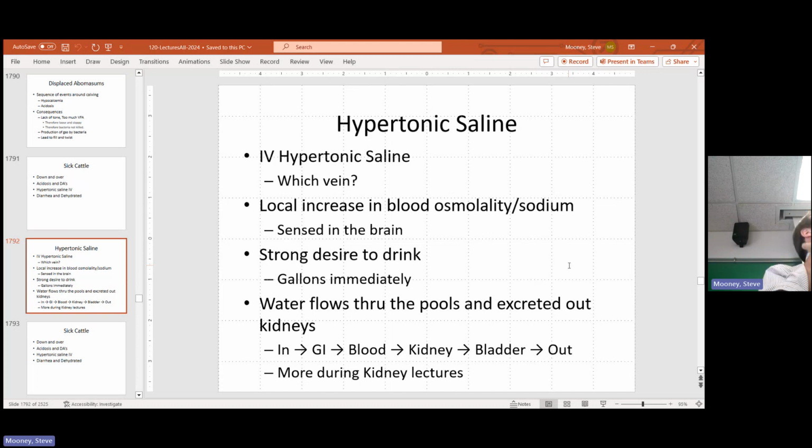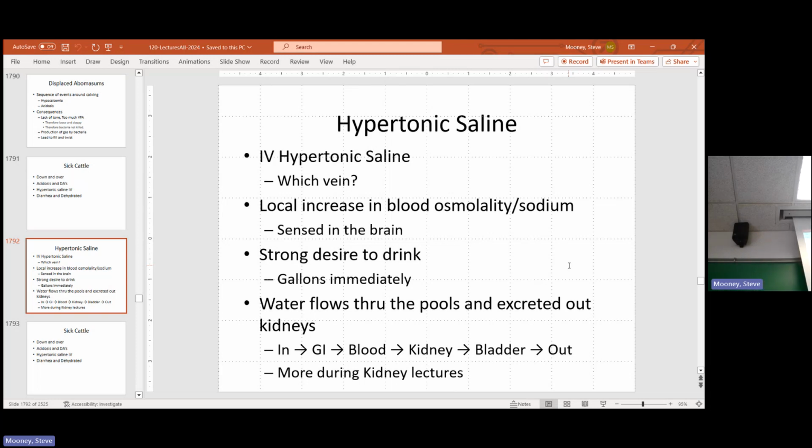So that's where we put most of our IVs. If worse comes to worse, find a milk vein. There are some people that are like, you really don't want to do that. And I'm like, well, it's between her and dying. I'm going to go for it. I think the reasoning behind that is we don't want to scar up the milk veins. But to me, a vein's a vein. Let's get it in there.